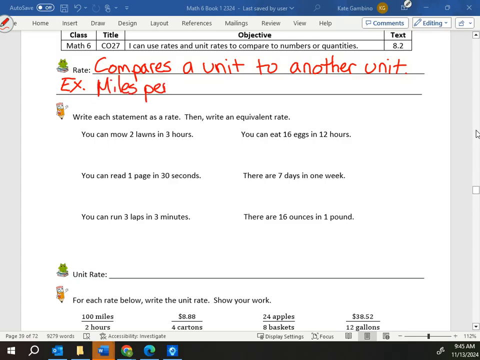So when you are in a car going on the highway, you might be thinking, how fast can we go? How many miles per hour can we go? This is similar to a ratio. So we know how to work with ratios. We're going to use that same thought to work with the rates.